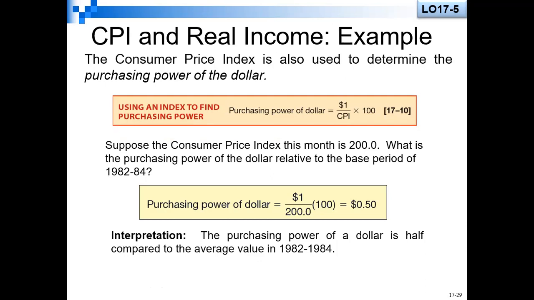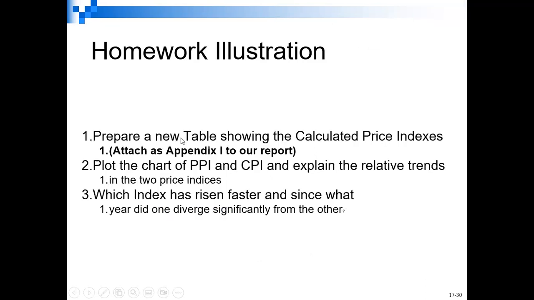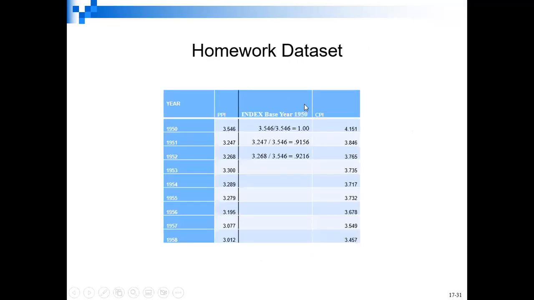All right. So this is like your homework data sets that I asked you to do. You simply use 1950 as your base, and the PPI is there.